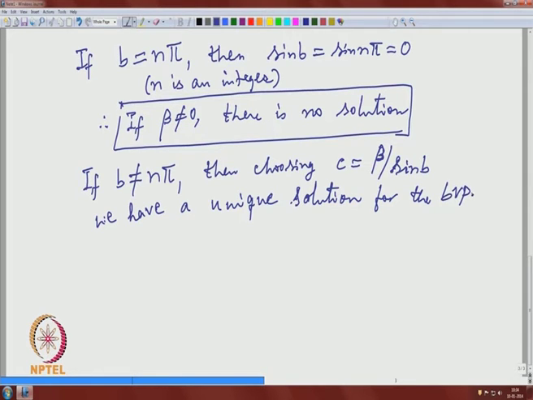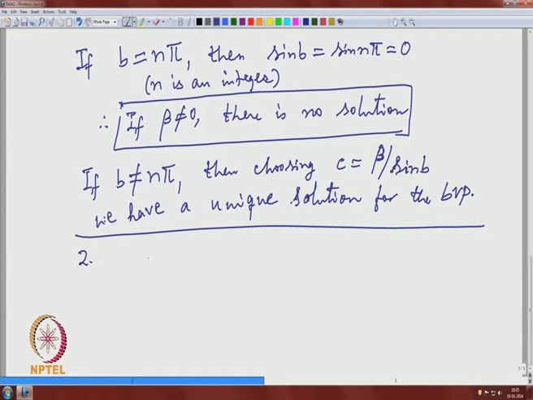So, even in the simplest case of a second order equation with constant coefficients, we may have a solution or we may not have a solution. So, let us continue with one more example.